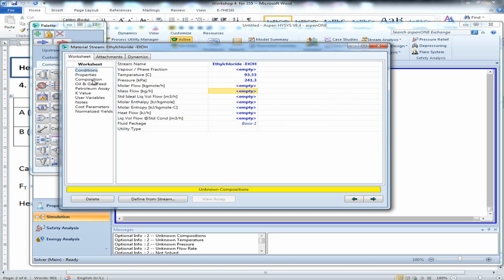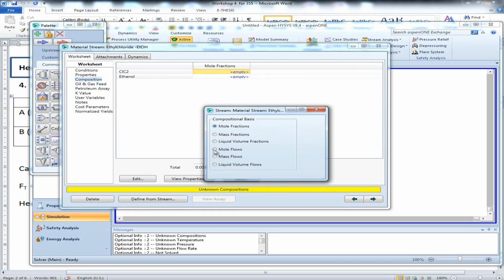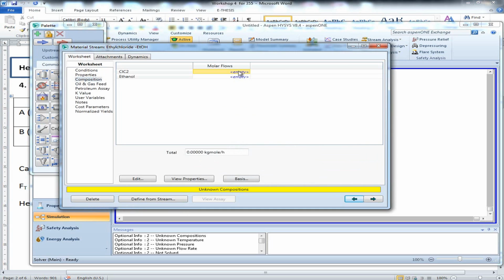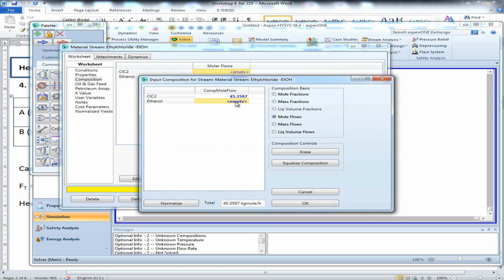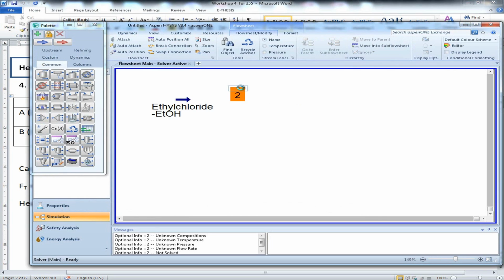The flow rate is based on pound mole per hour, so we have to use the basis of mole flow. In stream A, we flow 100 pound mole per hour of ethyl chloride solution, and then about 10.